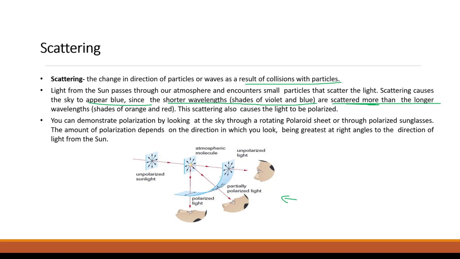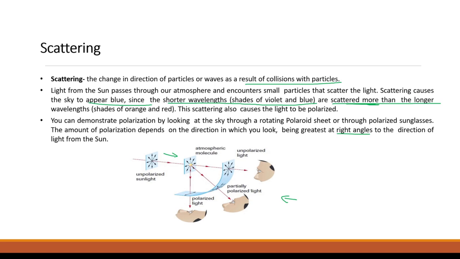And the amount of polarization depends on the direction in which you look, being greatest at right angles to the direction of the light from the sun. So if you notice here, the sunlight is coming this way, scattered by the atmospheric molecule. In the direction of the sunlight, it's unpolarized, no change.